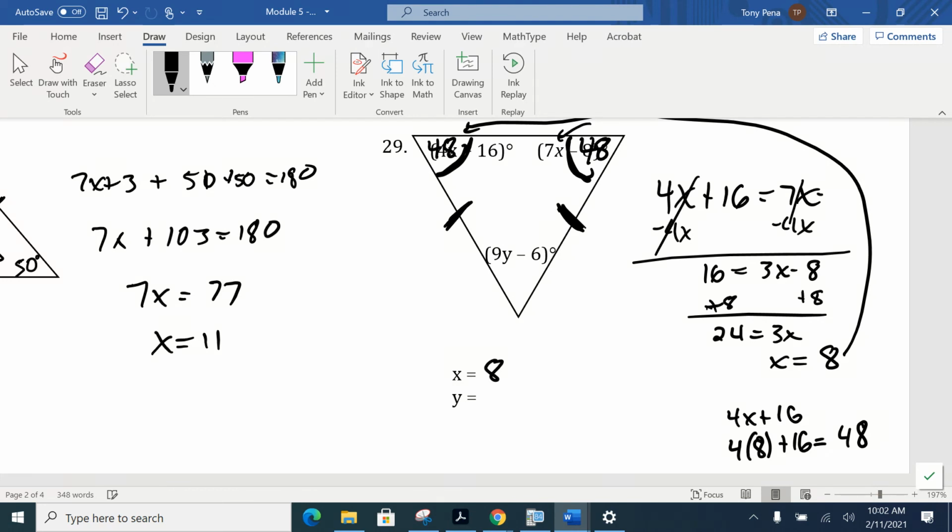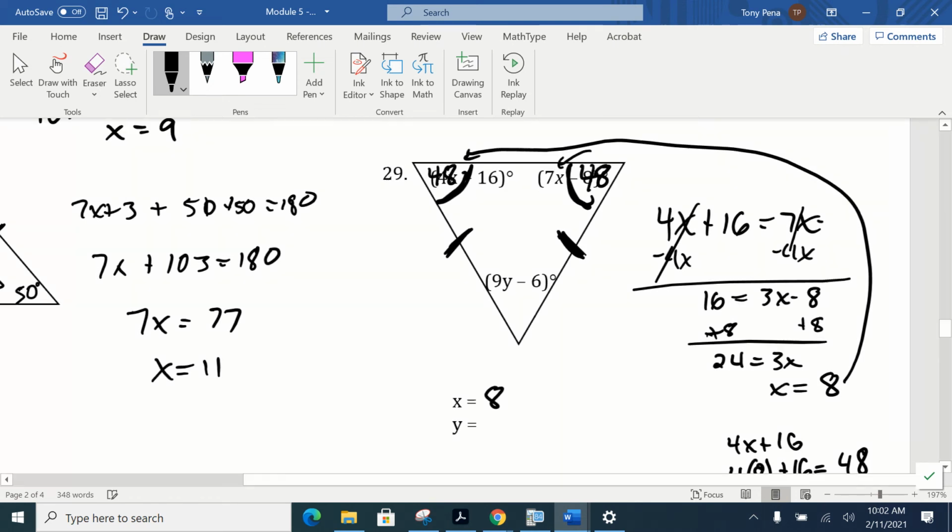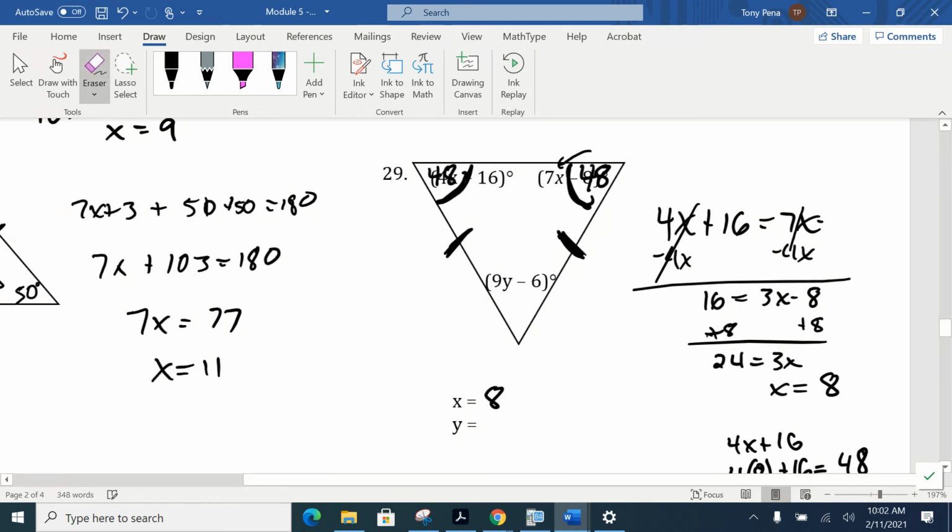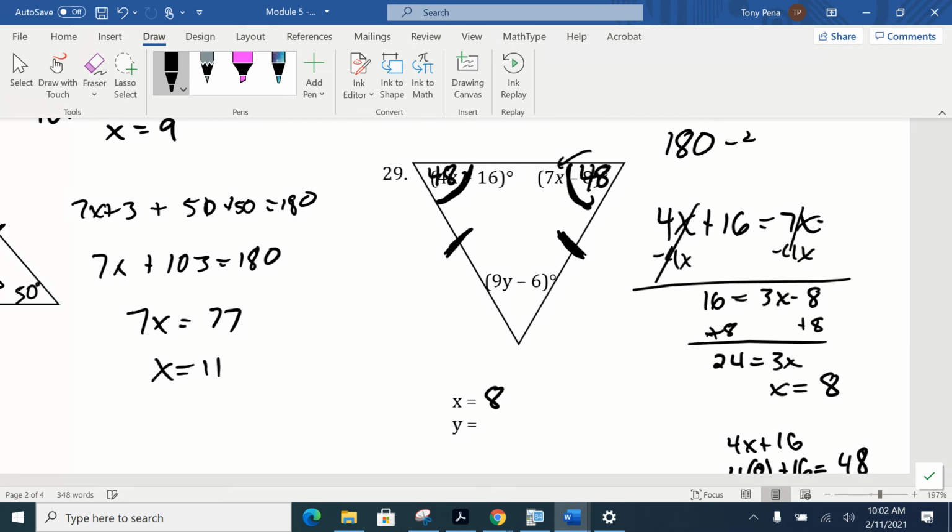All right, then what, Cam? Good. So what he just did is 180 for the inside of a triangle. Let's subtract away those two angles that we know. All right, what's that give us? 84. So we then know that this angle here is 84 degrees.